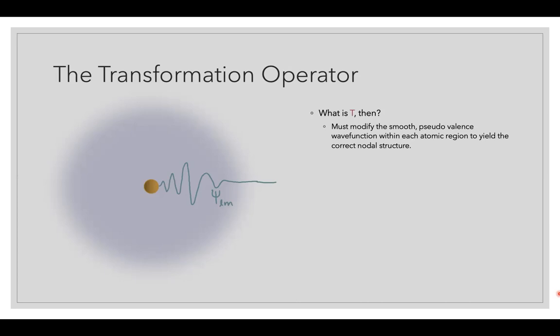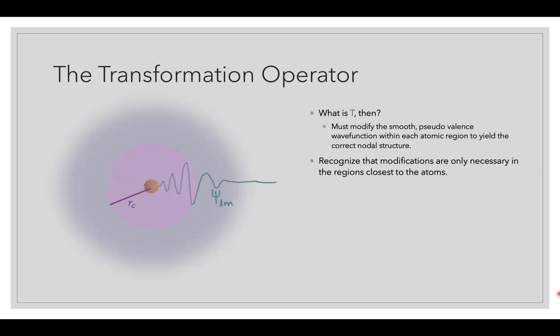But we recognize that this is only necessarily a problem inside the regions that are closest to the atoms. We only really need to modify that nodal structure inside those atomic regions. So then we define this cutoff. We define an atomic region using a cutoff radius of some type, so it's spherically symmetric around the nucleus.